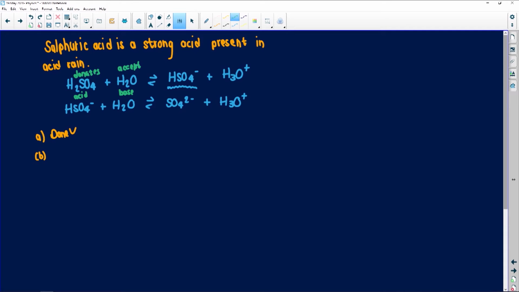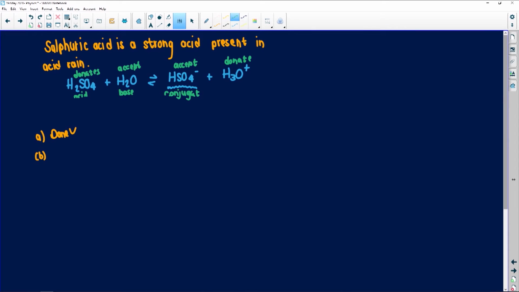For HSO4- to become H2SO4, it will have to accept. And for H3O+ to become water, it'll have to donate. I don't really have space there, so let me write it like this. Let me take the bottom part off.